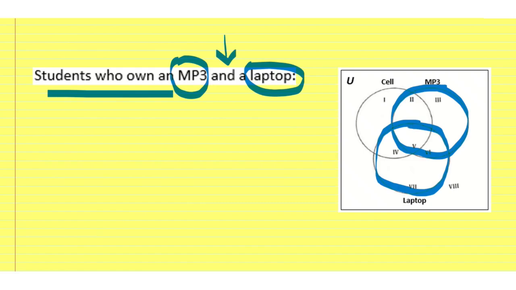And the word "and" means the overlap. Where is the overlap between these two circles? It is all of this space right here. There's the overlap. So the students who are in that space will own both an MP3 player and a laptop. So that's going to include regions 5 and 6. So 5 and 6.